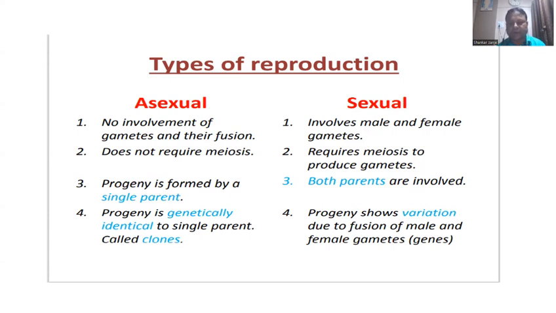There is crossing over, and during crossing over, recombination occurs, exchange of genetic material between non-sister chromatids of two parents. So this is the difference between sexual and asexual reproduction.